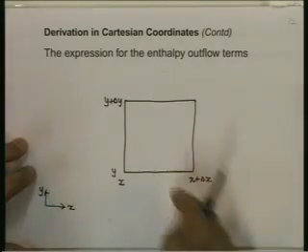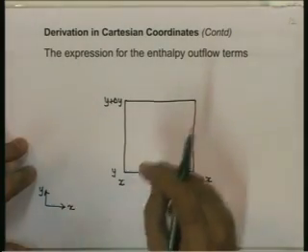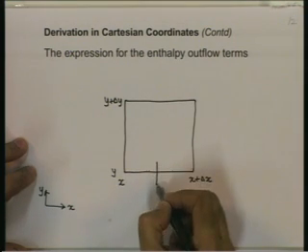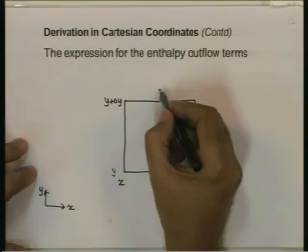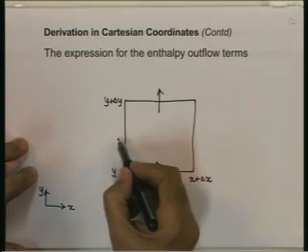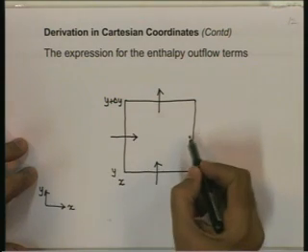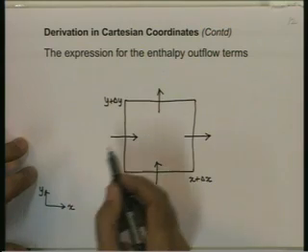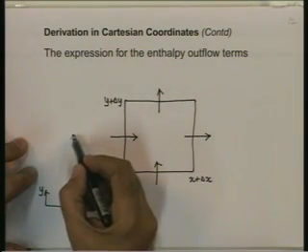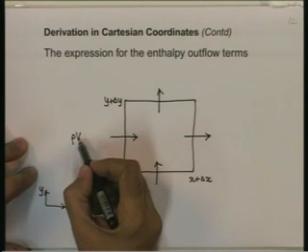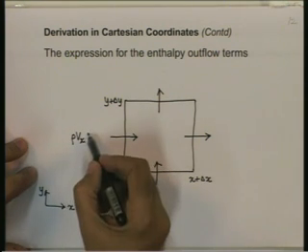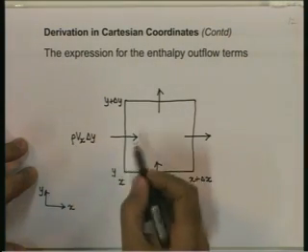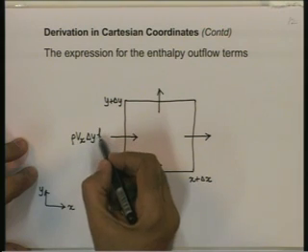Now mass flows in and out, and along with the mass, enthalpy will be convected. So there is a mass flow like this, some mass flows out like this, there is a mass inflow like this, there is a mass outflow like this. Let us look at this term. The mass flow here would be rho into Vx into area, which will be delta y into 1, and the enthalpy which is being carried by that is h.